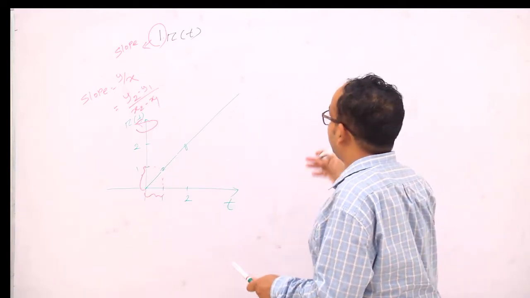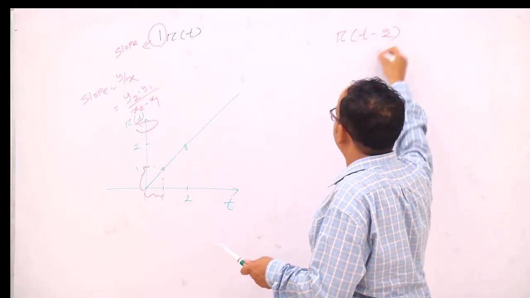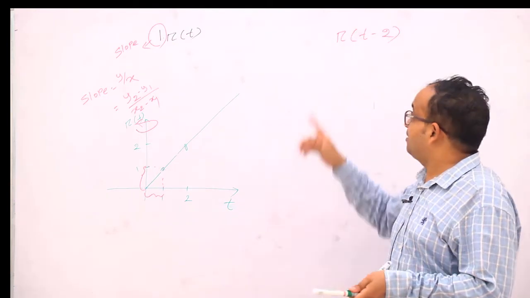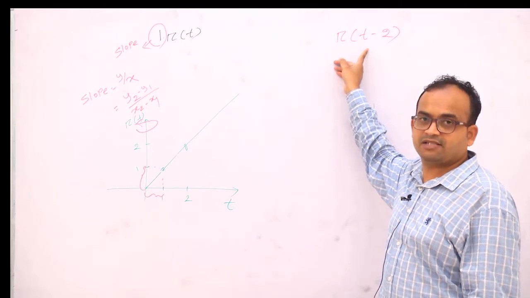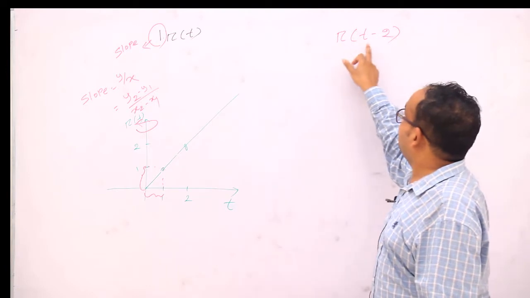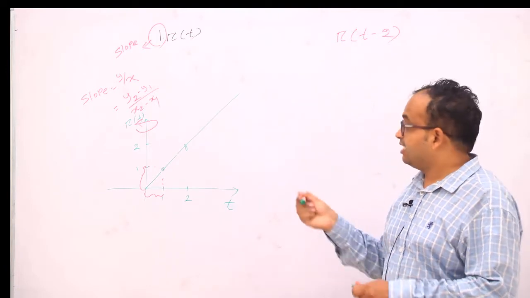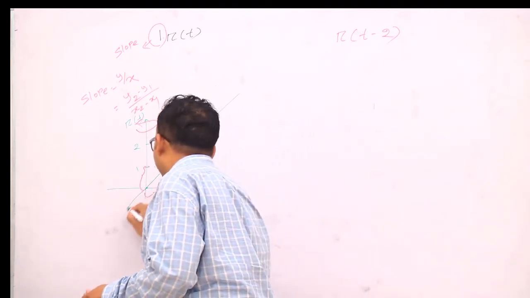So let me find r of t minus 2. t minus 2 means what? Which operation is this? This is the shifting operation. So this is r of t, this is r of t minus 2. To avoid confusion, you can simply write for this point t minus 2 equal to 0.